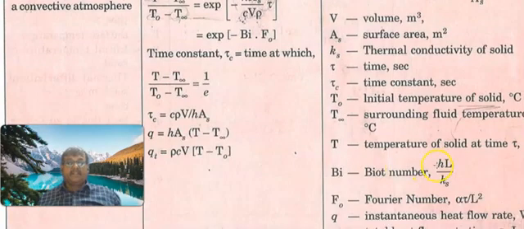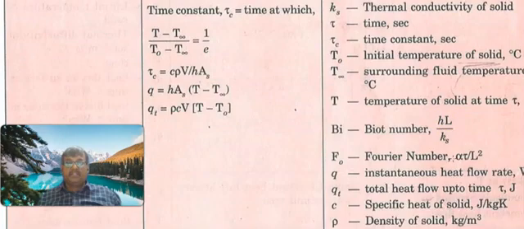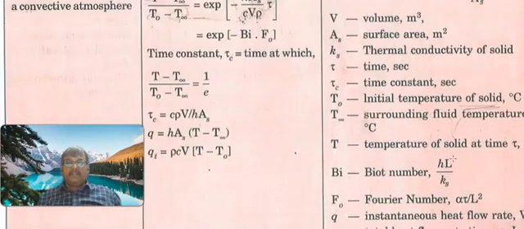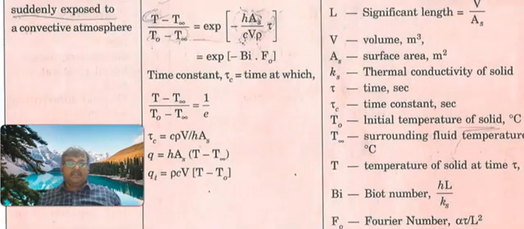Bi is the Biot number, hL by Ks, for the solid. Fo is the Fourier number, alpha t by L squared. Q is the instantaneous heat flow rate, Qt is the total heat flow up to time tau. These are all the parameters involved in this equation.